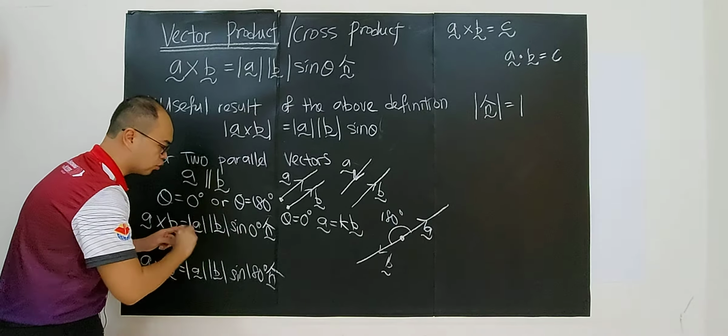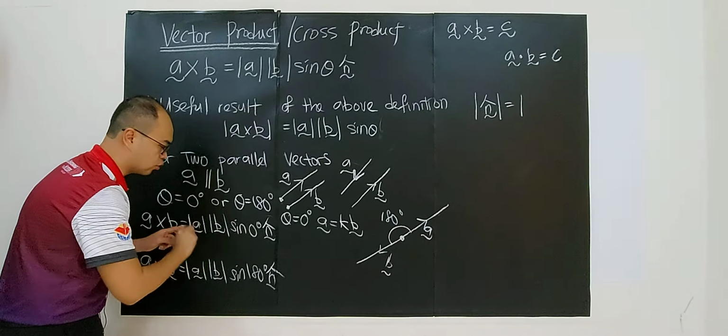To simplify for you, if vector A is parallel to vector B, then A cross B will give you a 0 vector. If you do the cross product between the two vectors, you get a 0 vector.